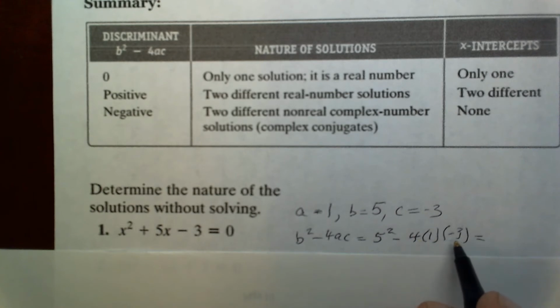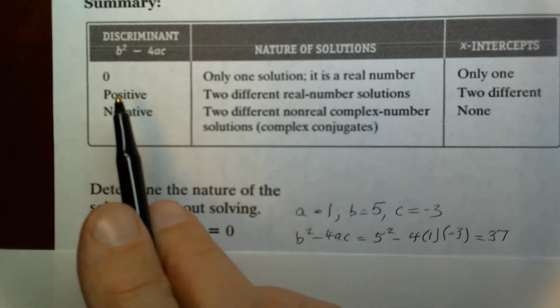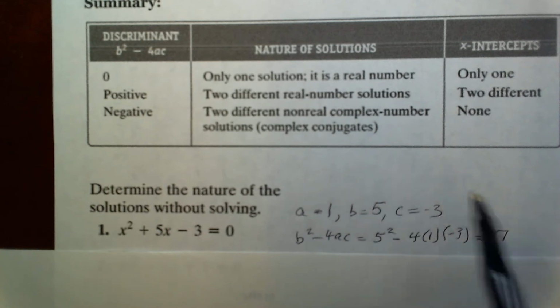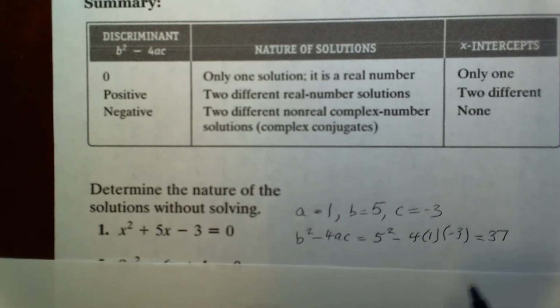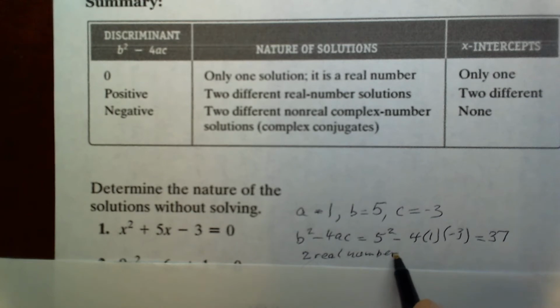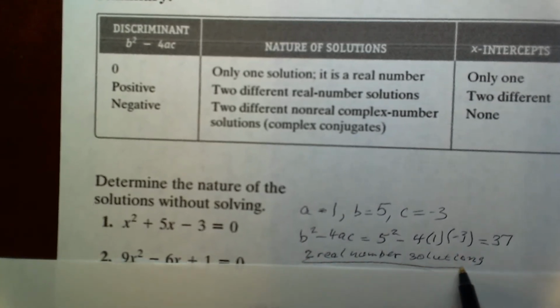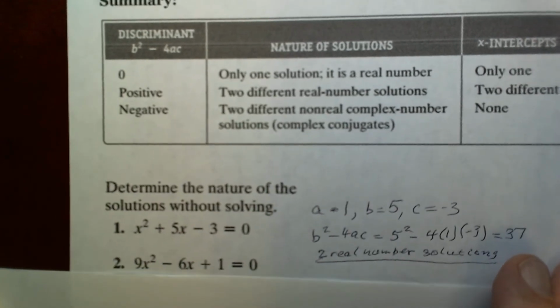That's equal to 25 plus 12, or 37. So that's the second case. It's positive, so we have two real number solutions. Just from looking at the discriminant, we can determine what kind of solutions we're going to have.